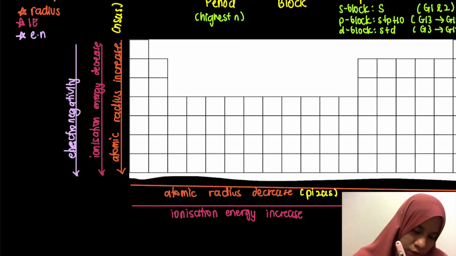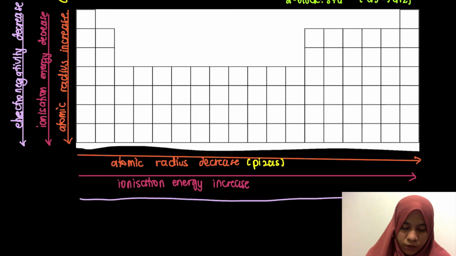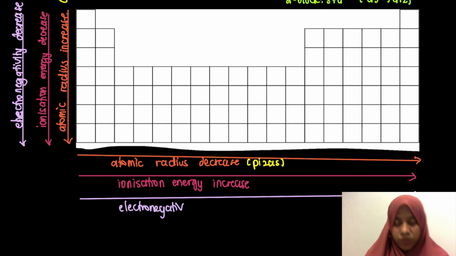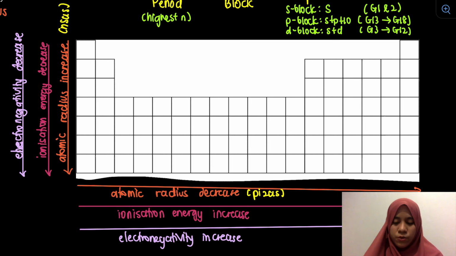So electronegativity decreases down the group. Across the period it is the opposite. Electronegativity increases across the period because the ZEF is high, so the ability of the atom to attract electrons is also high.